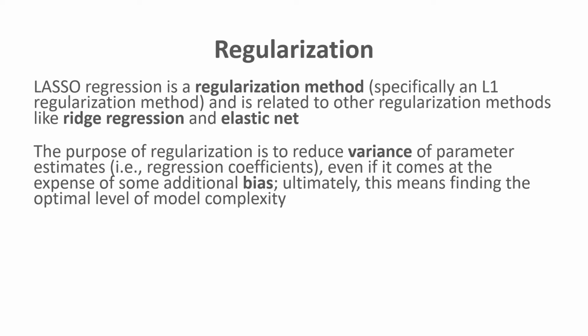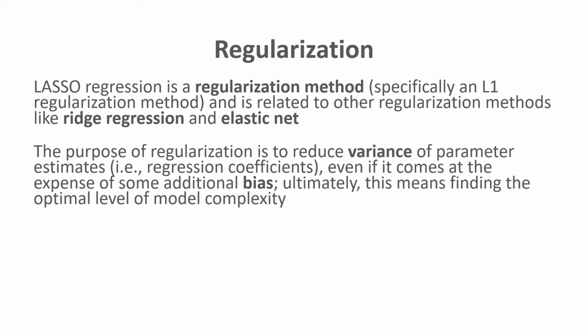Now, in terms of variance, what we're talking about is the variance of the regression coefficients themselves, so variability in their estimates. And when we're talking about bias, we're talking about the extent to which those parameter estimates, those regression coefficients, deviate from the true population-level values that we're attempting to estimate, okay?